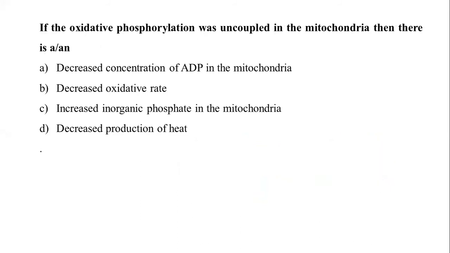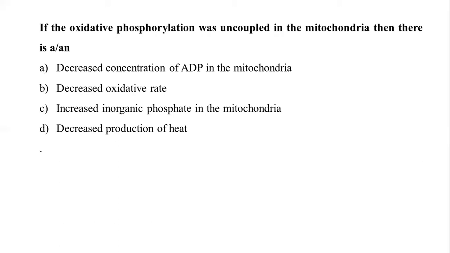In the next question, if oxidative phosphorylation was uncoupled in the mitochondria, then there is. The uncouplers of oxidative phosphorylation in mitochondria inhibit the coupling between electron transport and the phosphorylation reaction. This will thus inhibit ATP synthesis without affecting the respiratory chain and the ATP synthase.